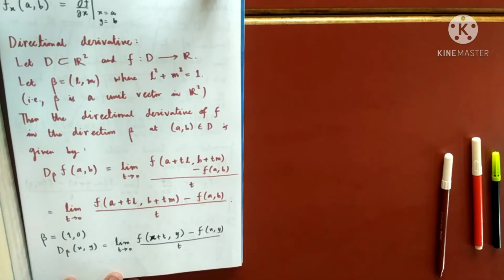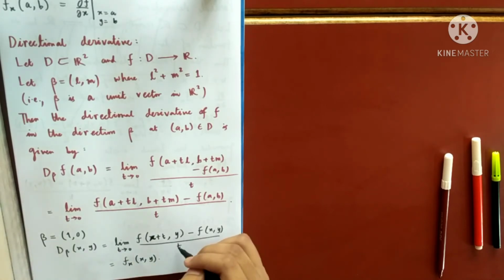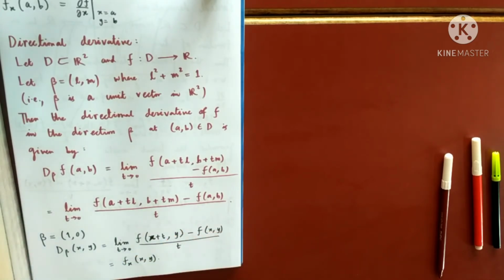What is this? Who can tell me? This is nothing but, by definition, the partial derivative with respect to x at the point x comma y. There I have taken h, that doesn't matter. So you see, directional derivative is a more general concept as compared to partial derivative, because this partial derivative with respect to x is a particular case of the directional derivative.